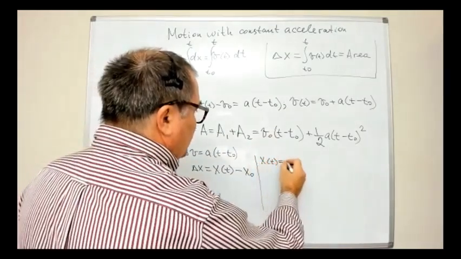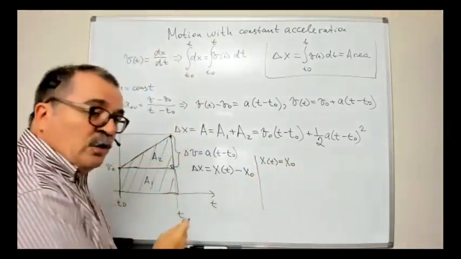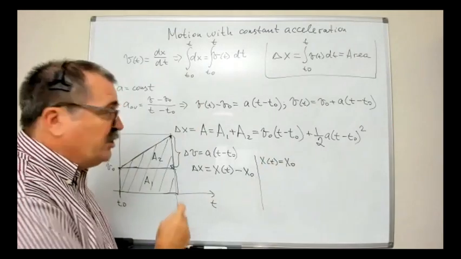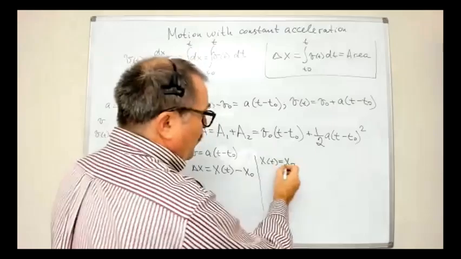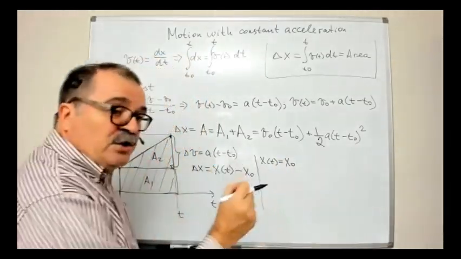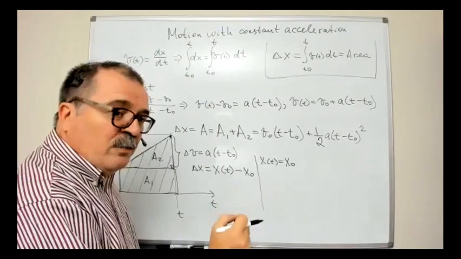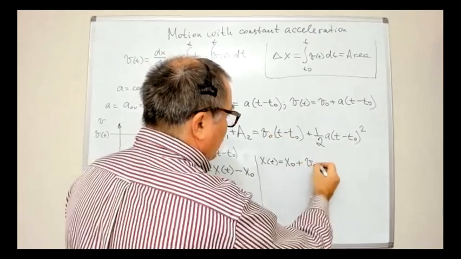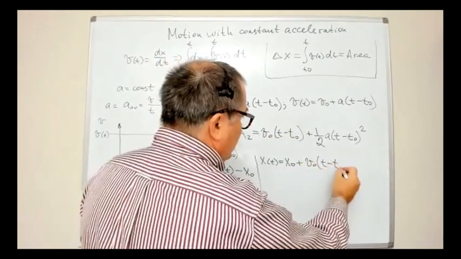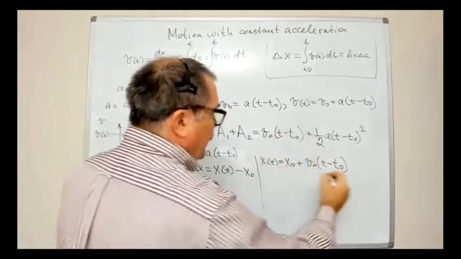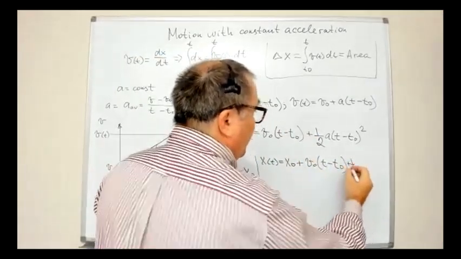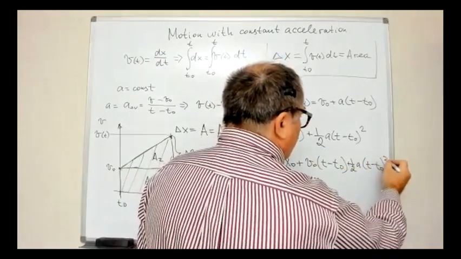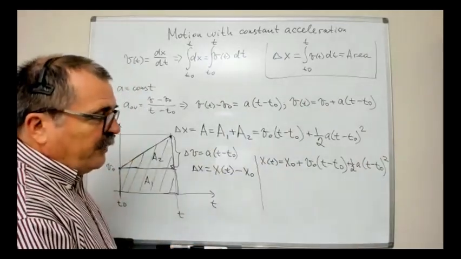Xt, the position of the object at any moment of time t for the motion with constant acceleration a, can be written in the following form: X0, the initial position of the object at the very beginning of the motion, plus V0 times t minus t0, and plus 1/2 a t minus t0 squared, right?